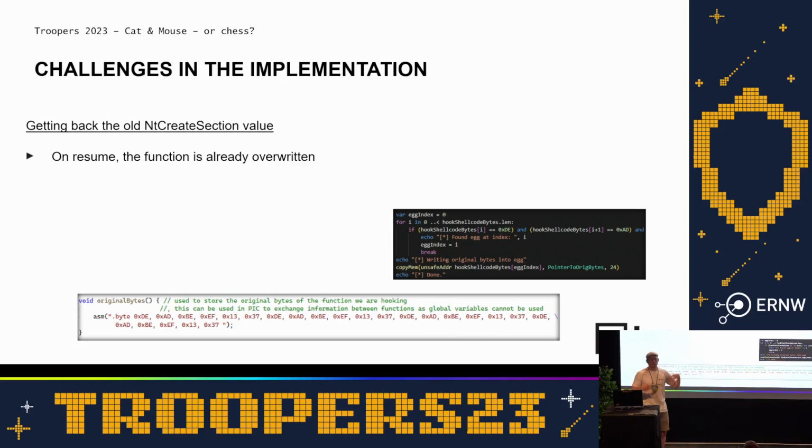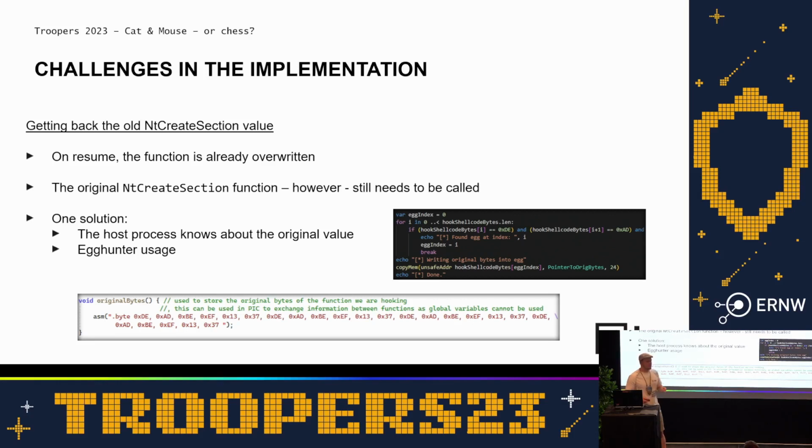One idea that I had in this case is we can use an egg hunter here, for example. This is what you see on the bottom. It's just a little byte stub with DEADBEEF, DEADBEEF, DEADBEEF. And our host process can look for this specific byte array in the shellcode, and the host process also knows the original value of NT_create_section because it can just copy that over into a byte array before placing the hook.